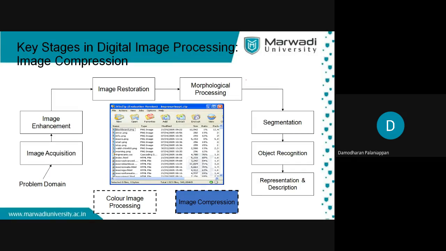If you transfer an image with high quality, the image size is very high, so transferring it from one place to another on the internet becomes very difficult and requires more bandwidth. To reduce that, the image can be compressed without compromising the quality of the image. Without compromising the quality, you should compress and transfer the image. This can be done by different types of image compression algorithms.